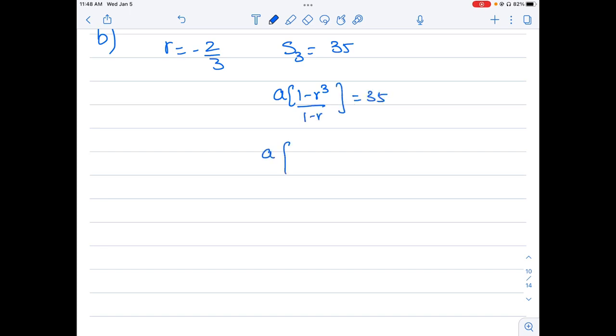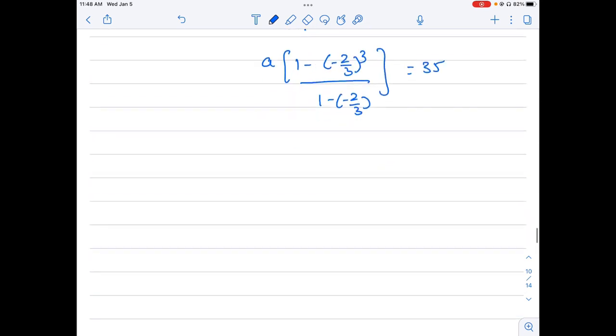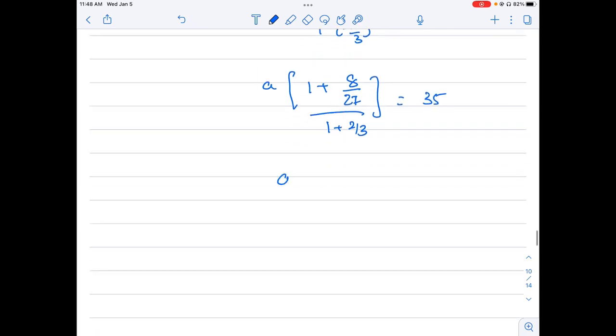So a times (1 − (−2/3)^3) over (1 − (−2/3)) equals 35. So a times (1 + 8/27) over (1 + 2/3) equals 35. So it becomes a times 35/27 over 5/3 equals 35.